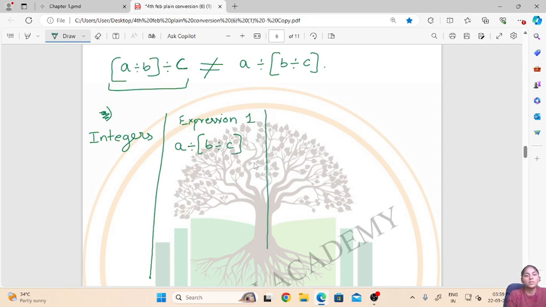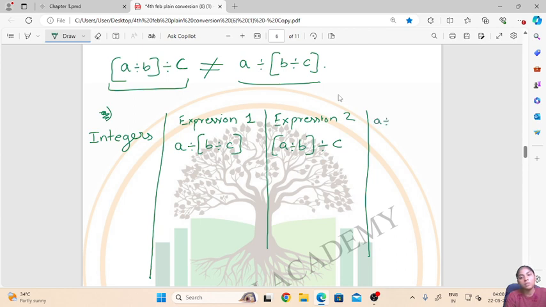This is our expression 1, and then expression 2 we have as a divided by b, which is then divided by c. Then we have to check if both these expressions are equal to each other or not. So this is our question.